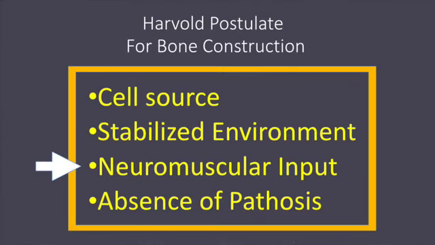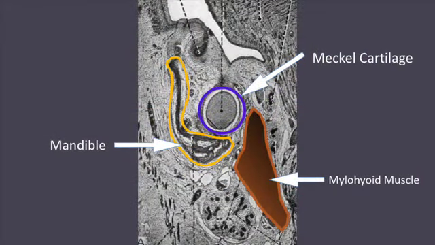So that would be the third requirement, that the cells in this special zone require some type of neuromuscular input. They require some type of signaling factor to be instructed to undergo morphogenesis and organization. In Harvold's theory, the signal would be coming through the mylohyoid muscle. He felt that the central nervous system created a signaling pattern that was delivered through the mylohyoid muscle into this zone in some sort of a mechanical way.